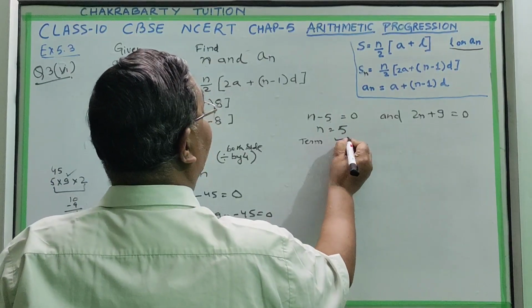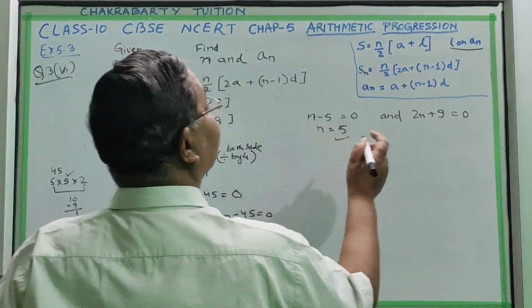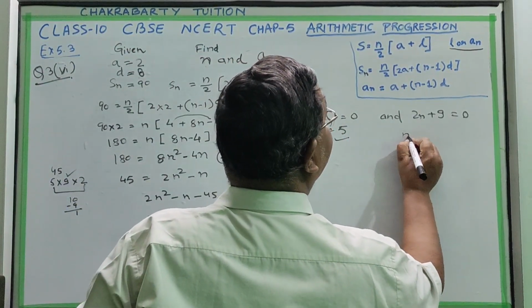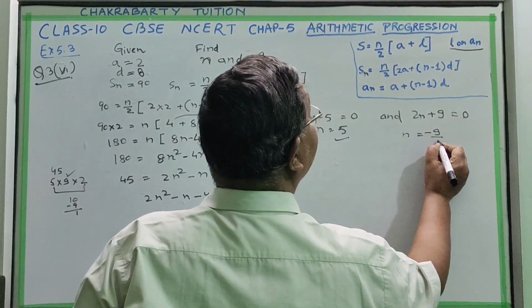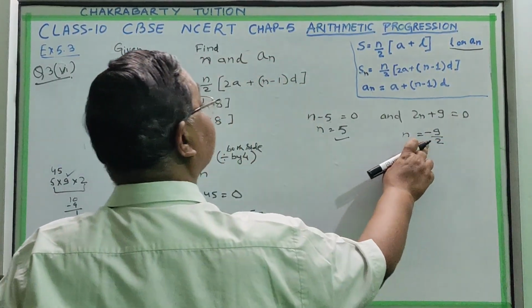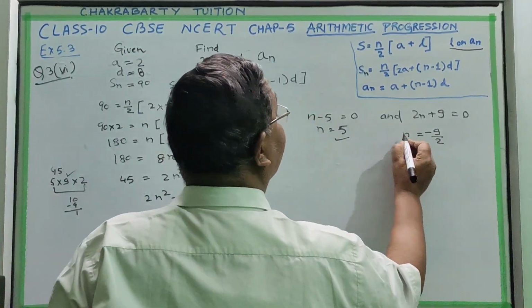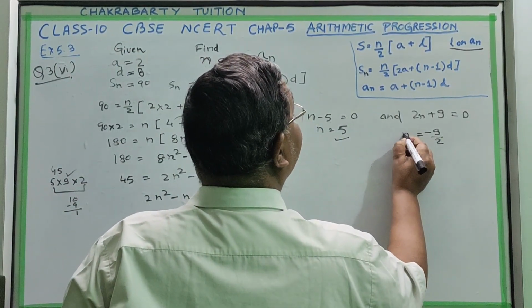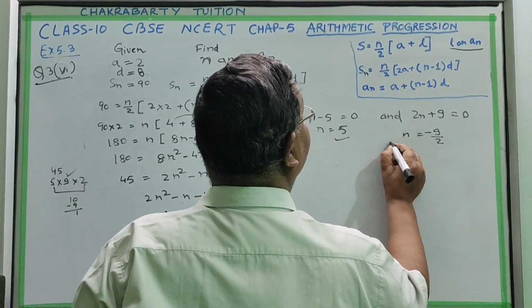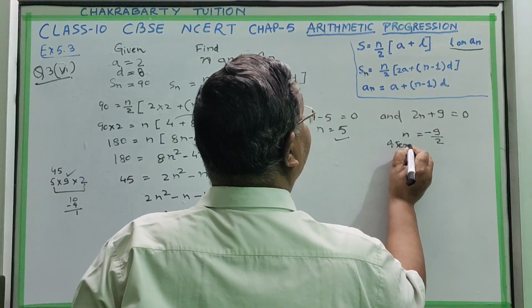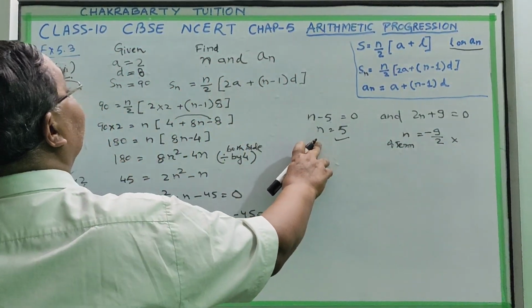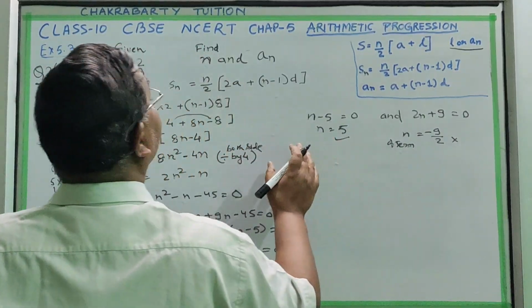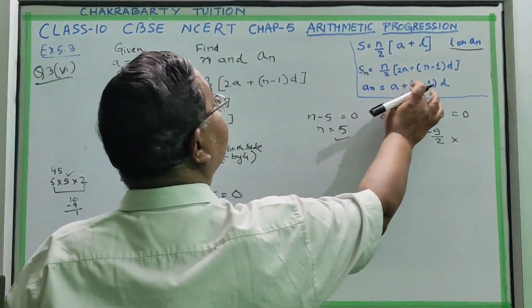So this is possible. This one answer is correct. Here n equal to minus 9 by 2 is not possible, because the number of terms cannot be negative. So we will take n equal to 5.